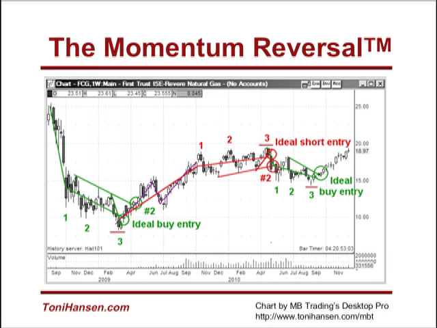The second pattern is over here, and we're looking at a short pattern. Here's our initial upswing off of the lows, and then here are our 3 highs. You'll notice that there's a smaller little high in between highs 2 and 3 that I actually ignored.